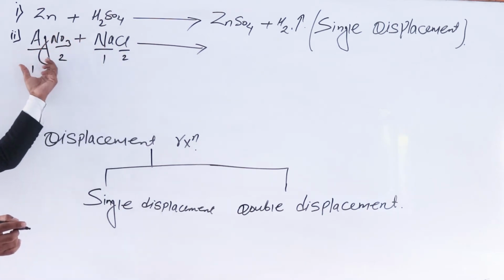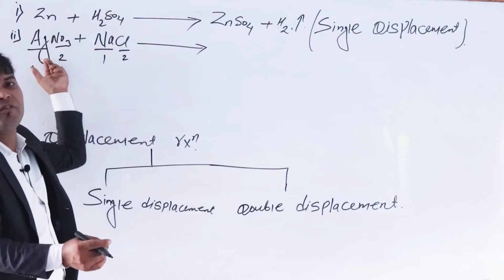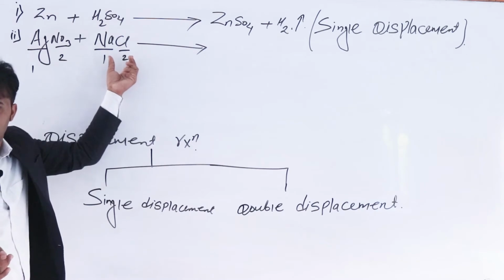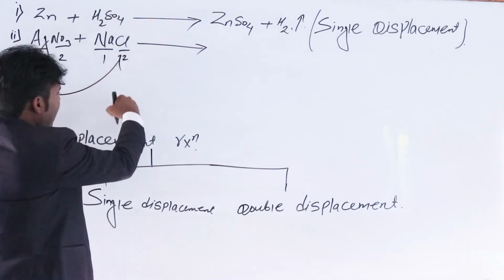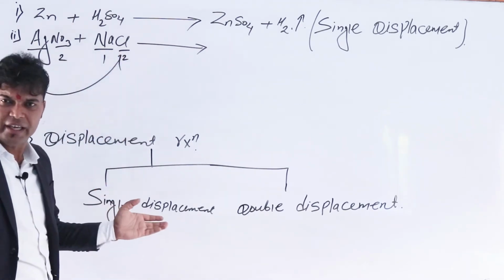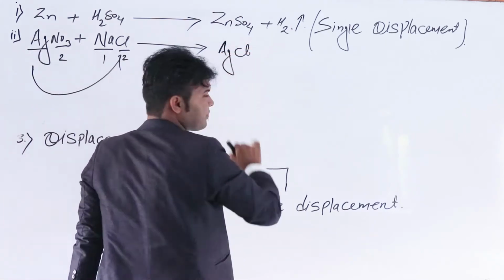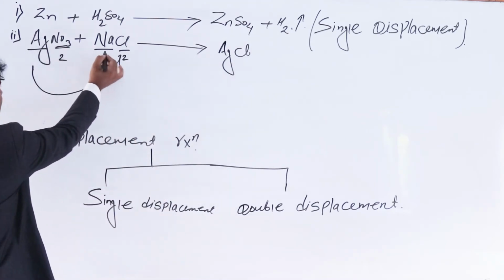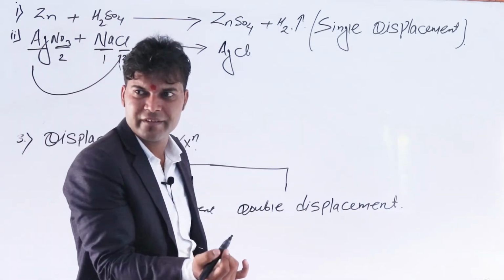When the first element of the first compound reacts with the second compound, it combines with Cl. It gives AgCl, and the remaining, the second compound's first one, gives NaNO3.